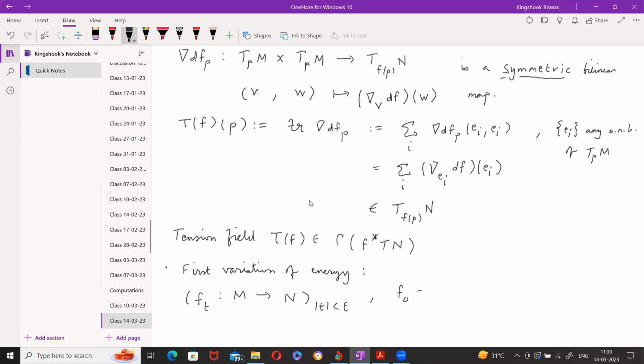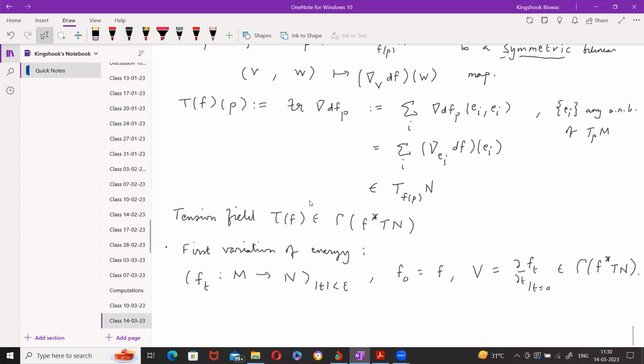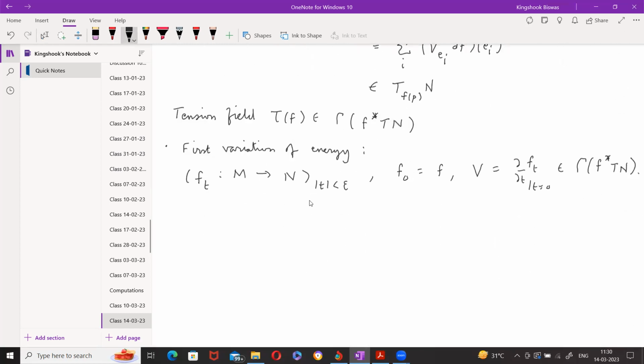So f_0 is equal to f. And we have the variational vector field V equal to del del t at t equal to 0 of f_t. So this is a vector field along f, a section of f star Tn.